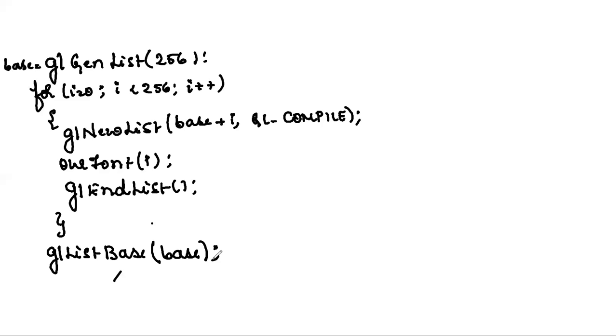You also have to remember that one display list can call another display list, that is, one function calling another function, and they are powerful for building hierarchical models that can incorporate relationships among the parts of the model.